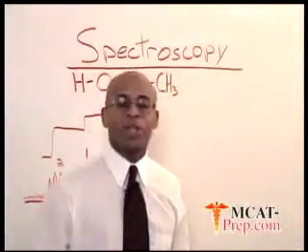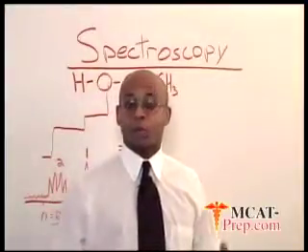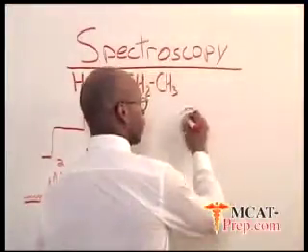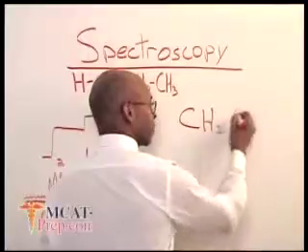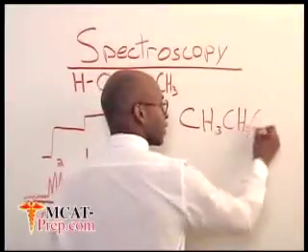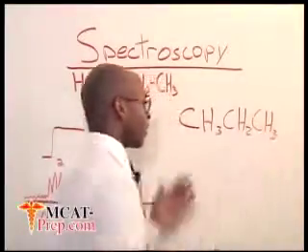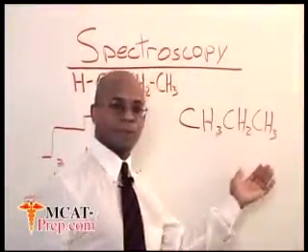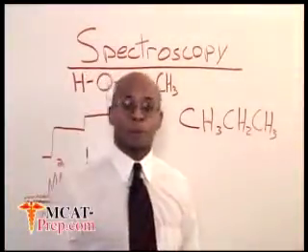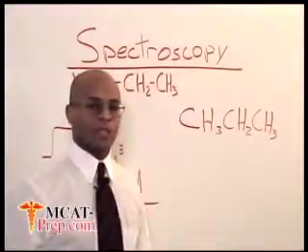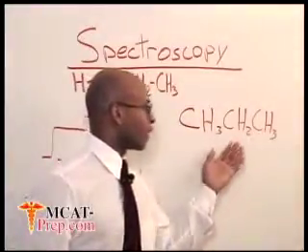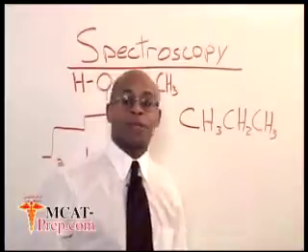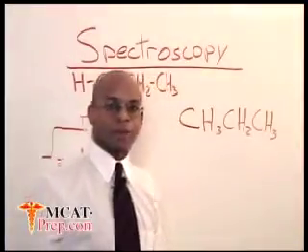Let's look at a completely different example like propane. Propane, we know to be CH3, CH2, CH3. It's an alkane hydrocarbon with all single bonds and starts with prop, so there are 3 carbons. So the first thing you'd ask is, how many environments are there in the molecule?